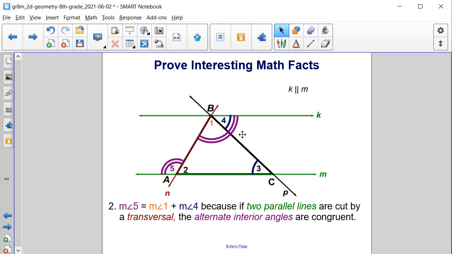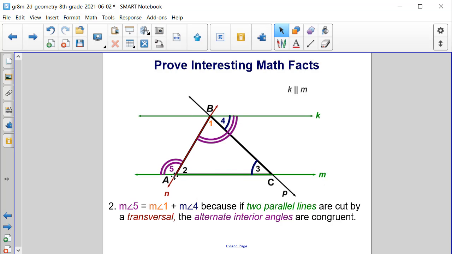Using similar strategies, we can also say that the measure of angle 5 out here is congruent to the measure of angle 1 plus the measure of angle 4, because these two smaller angles form the bigger obtuse angle that is alternate interior to angle 5.